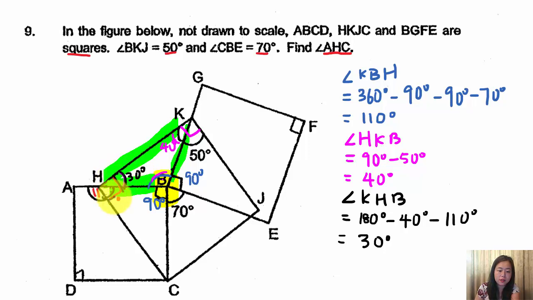So we can now see that this is 30 degrees, and because this is 30 degrees and this is 90 degrees, we can now see that angle BHC is actually equal to 90 degrees minus 30 degrees, which is equal to 60 degrees. So this is 60 degrees.